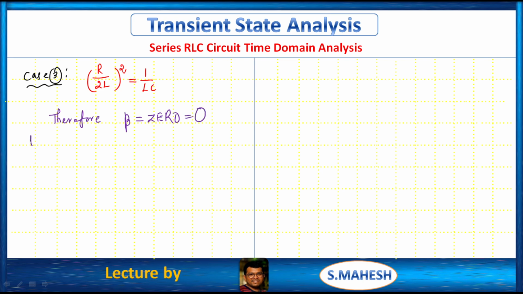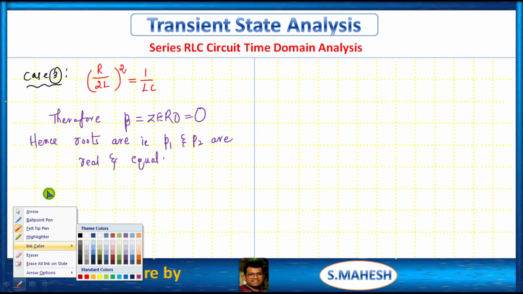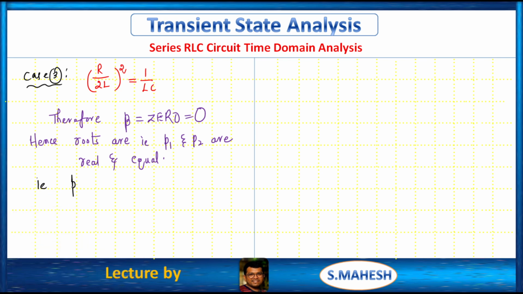Hence the roots, that is P1 and P2, are real and equal. Real and equal, that is, let us say P1 is equal to P2. Let us say this is equal to alpha, because since beta is equal to 0, only we have alpha, but the roots are equal.